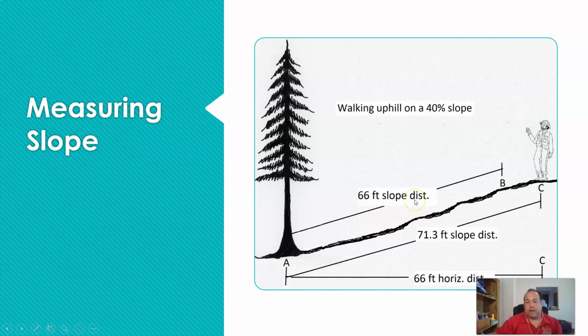So if we do our same calculations and put in that same math, what we're actually going to find out is that it was actually 71.3 feet that this person walked, because our 66 feet was our horizontal distance, but it actually turns out it's 71.3 feet because of the 40% slope. But we can get those same numbers just doing the same formula for tree height.